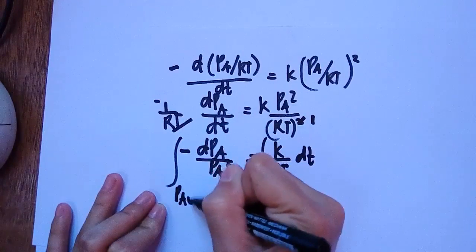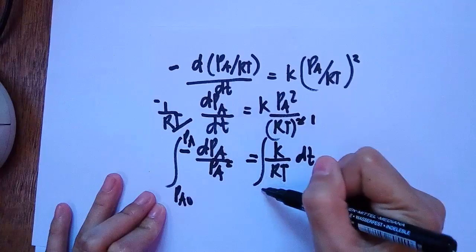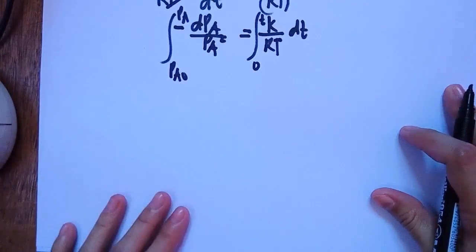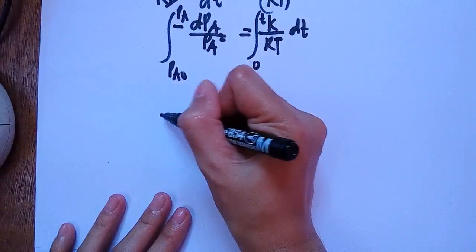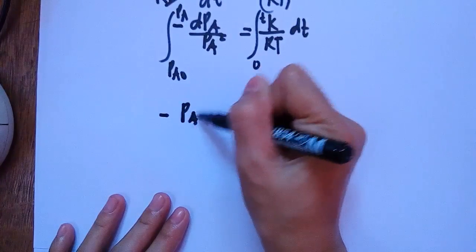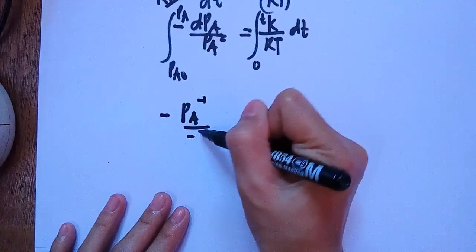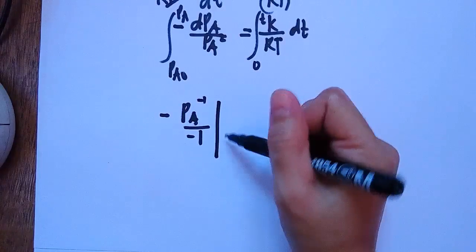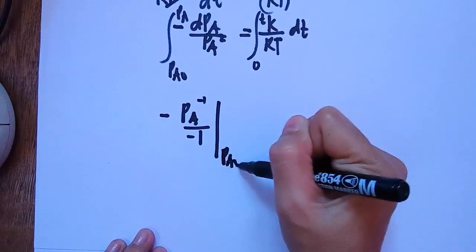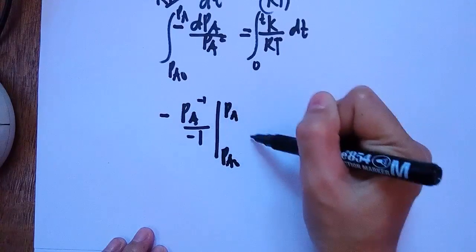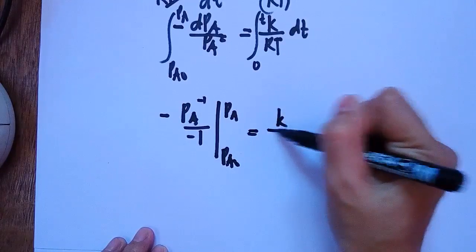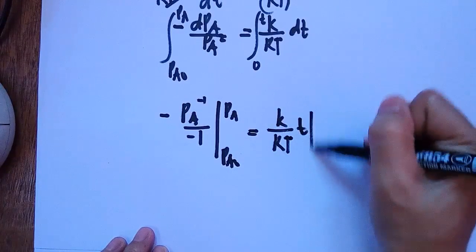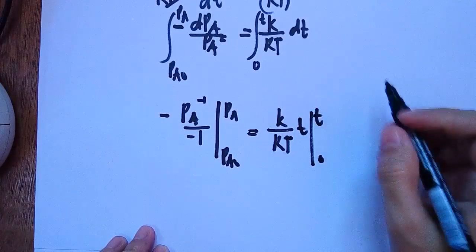Now we integrate both sides, from PA naught to PA, and from 0 to t. Now we have negative PA to the negative 1 over negative 1, evaluated from PA naught to PA, equals k over RT times t, evaluated from 0 to t.